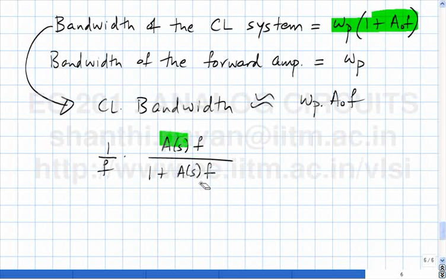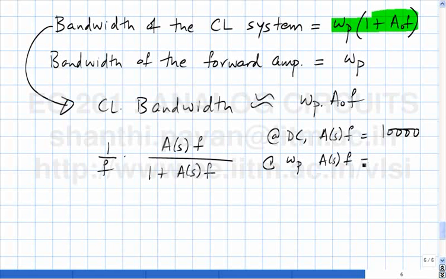So originally, for example, let's say at DC, A of s times f was say 10,000, and maybe at omega p, A of s times f is how much? Omega p is the bandwidth of A of s, correct? So it must be about 7,000.